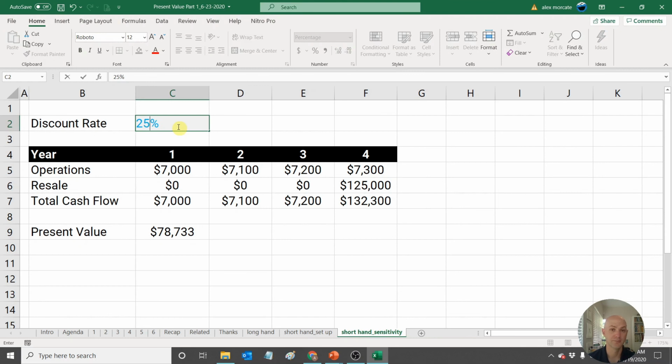And so actually, the more we discount, the lower this present value becomes. It's the same process. We're taking the exact same cash flow. The cash flow hasn't changed. We're just discounting it more. So there's this inverse relationship between the discount rate and the present value. Therefore, the opposite is true. If we discount less, if we don't discount by as much, then we would expect the present value to increase.